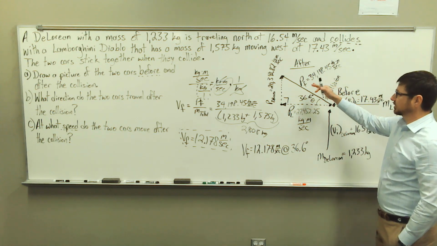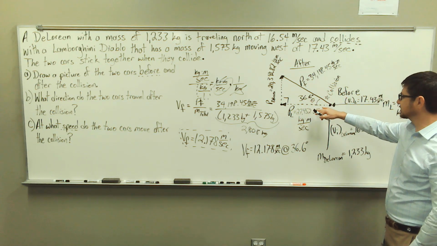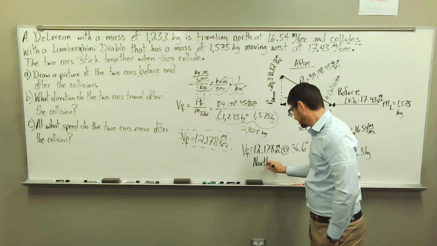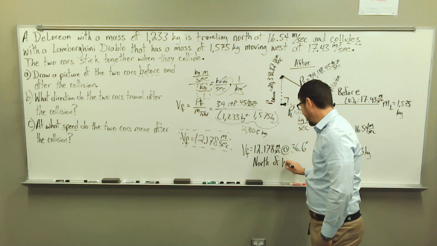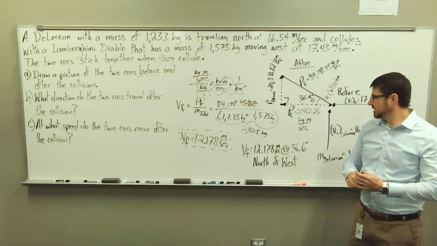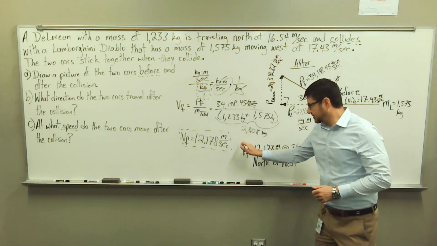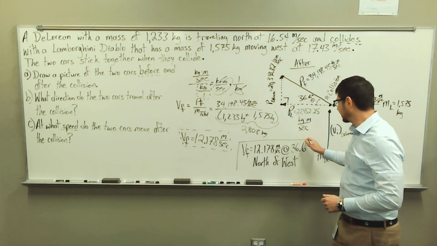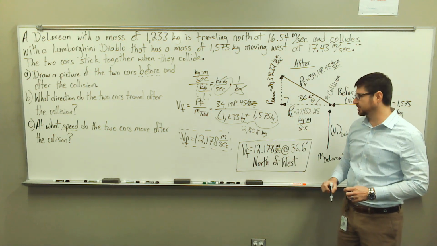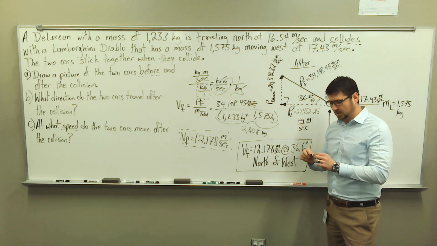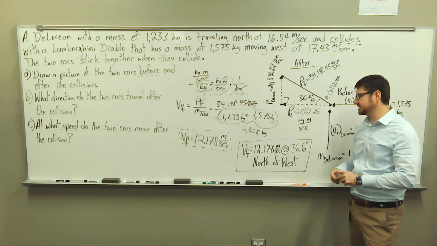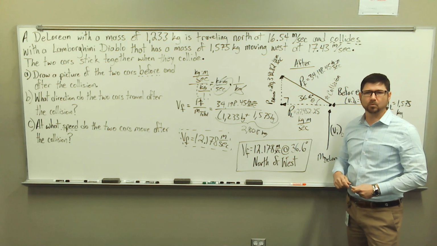And taking a look here, we need to describe the direction. We're going to say north of west. Okay? All right, so our final answer here, the final velocity of the two cars that are stuck together just after the collision is 12.178 meters per second at 36.6 degrees, and this is north of west.